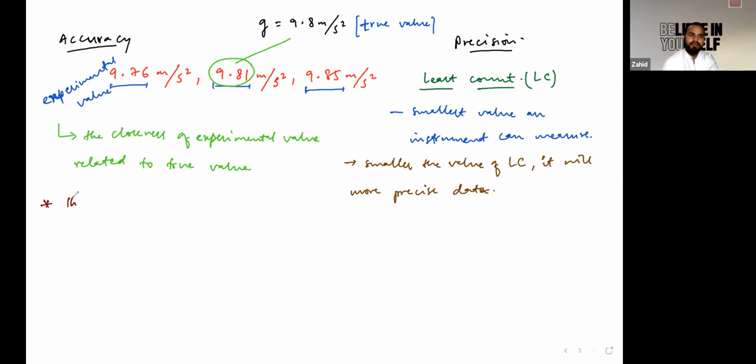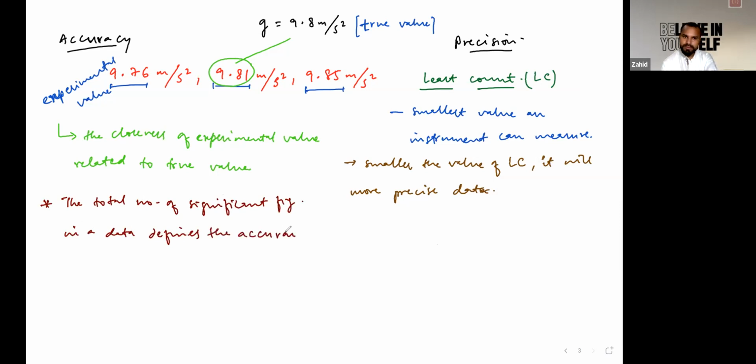First, the total number of significant figures in a data defines the accuracy. So the more the number of significant figures, it will have more accuracy. But for precision, the number of significant figures after decimal would define precision.